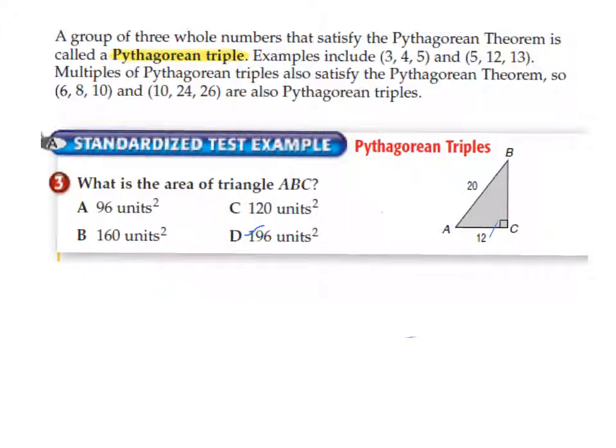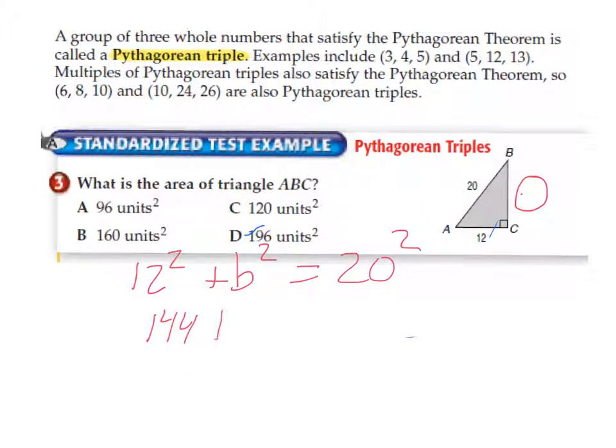If I were asked a question like this one that we're given, what is the area of triangle ABC? I don't know the side right here. But because it is a right triangle, we could solve it by going 12 to the second plus b to the second equals 20 to the second. 12 to the second is 144. B to the second, we don't know, and we get 400.